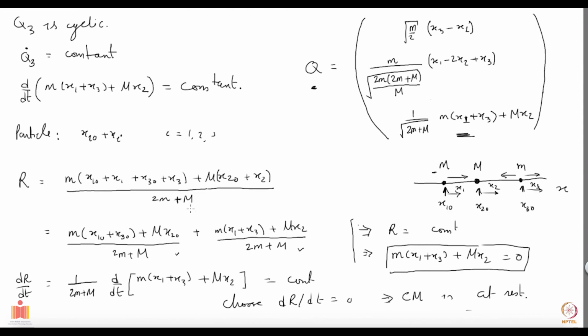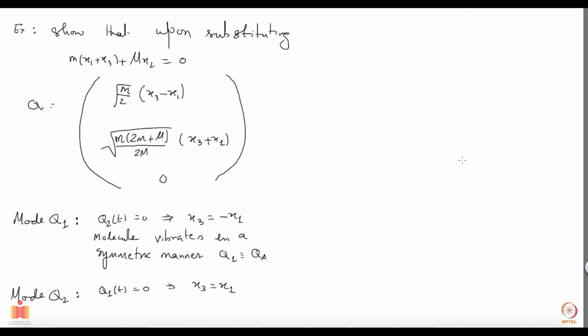It means that if x3 goes in this direction, then x1 also goes in this direction, and clearly then x2 will have to move in the opposite direction to make the center of mass remain fixed at its original location. So in this case, the molecule is moving asymmetrically. It's not a symmetric kind of motion, but it is asymmetric.